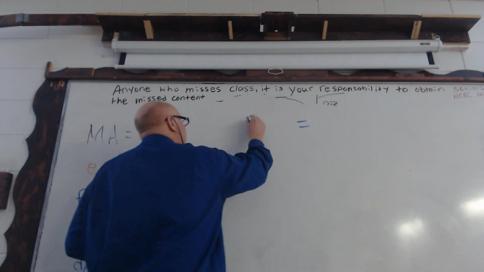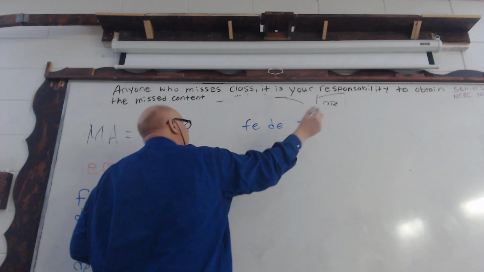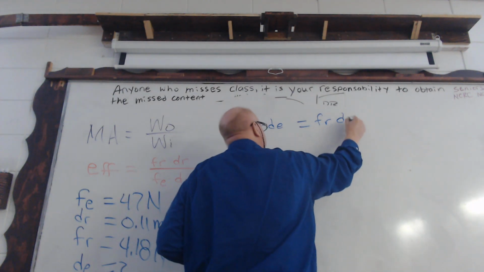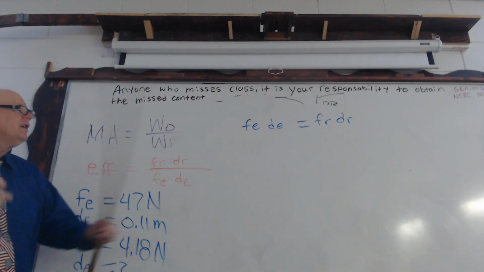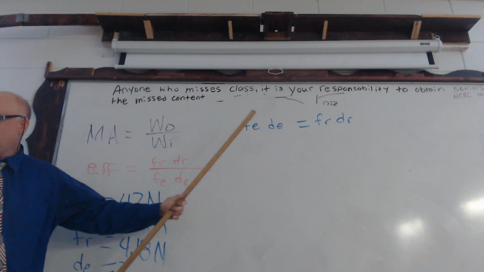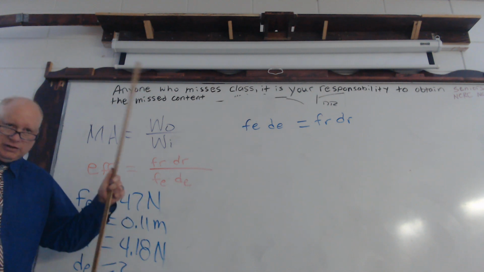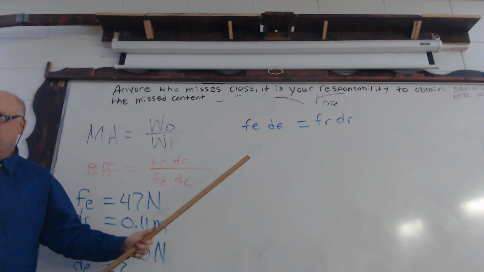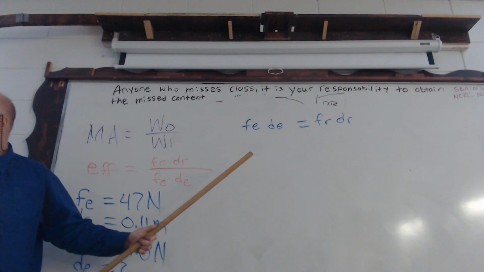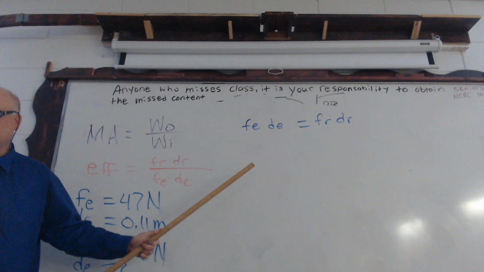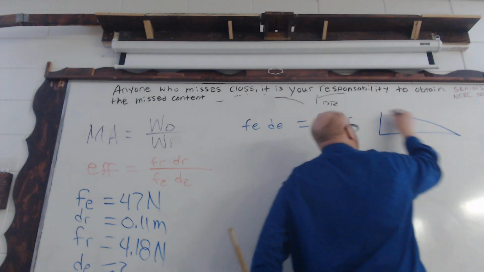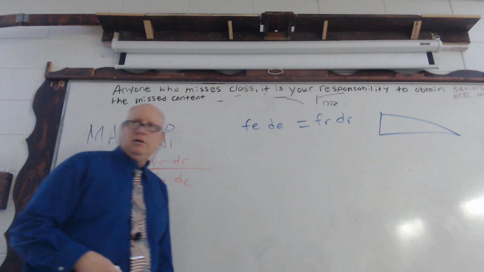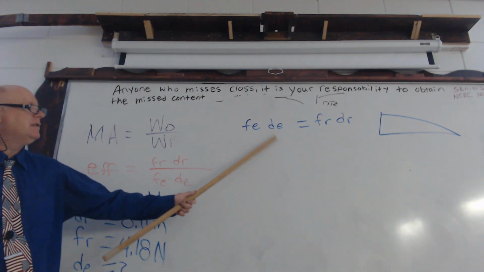So you would have FE times DE equals FR times DR. The reason we know it's this equation is that it doesn't ask for efficiency when this lumberjack is swinging his axe, and it doesn't say anything about an inclined plane either. So you know it has to be this.